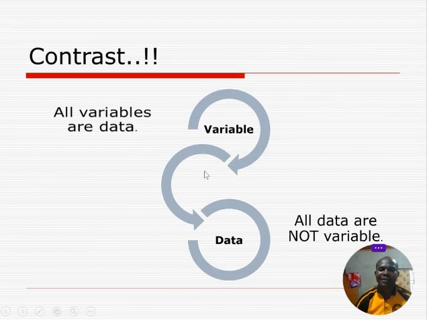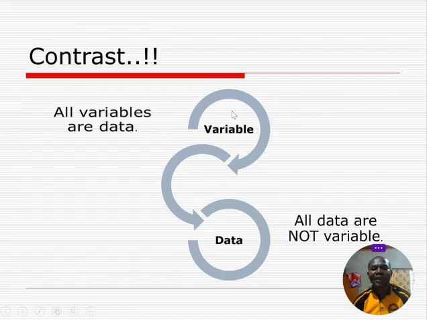Now let's look at the contrast between the word data and variable. It's important to understand that when information is obtained from the subject of a population, that piece of information is described as data. Now, if that piece of information differs from one subject to another, we describe it as a variable.